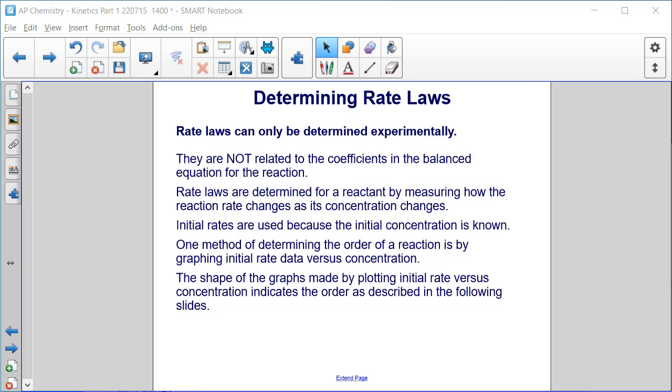Initial rates are used because the initial concentration is known. One method of determining the order of a reaction is by graphing initial rate data versus concentration. The shape of the graphs made by plotting initial rate versus concentration indicates the order as described in the following slides.